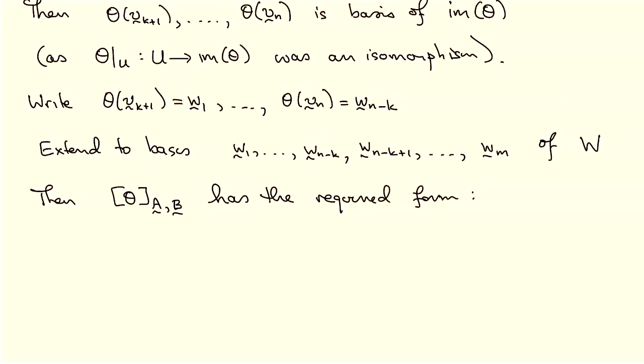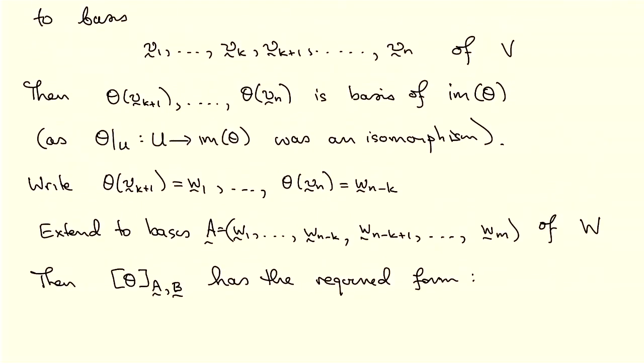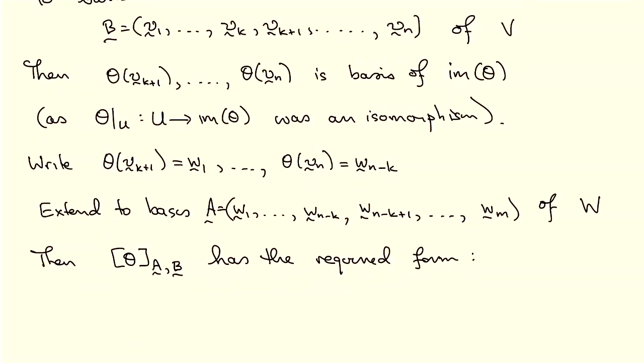Let's check. We'll call this basis A, and this one's my basis B. Because what do I have to do? I have to look at theta of Vi. Well, the first k of them are in the kernel, so they're killed. Oh, sorry, I've got to swap things around.